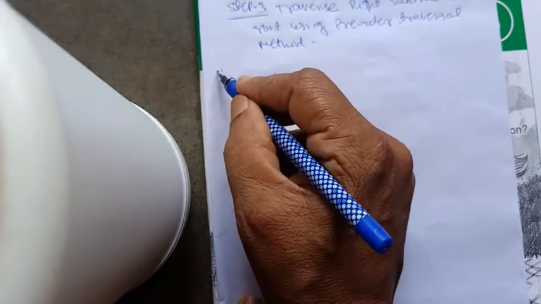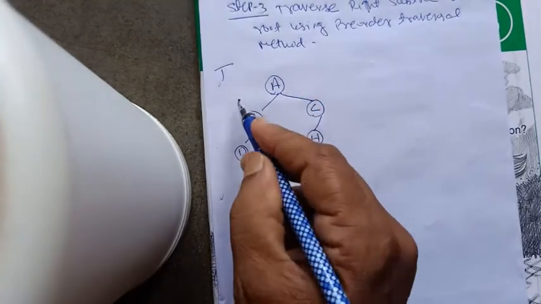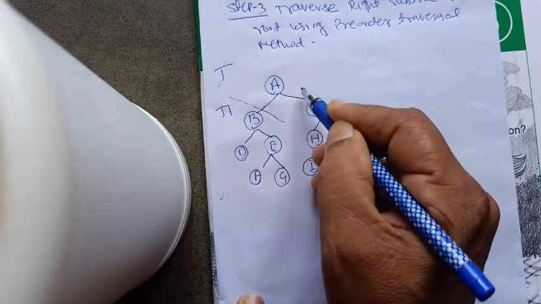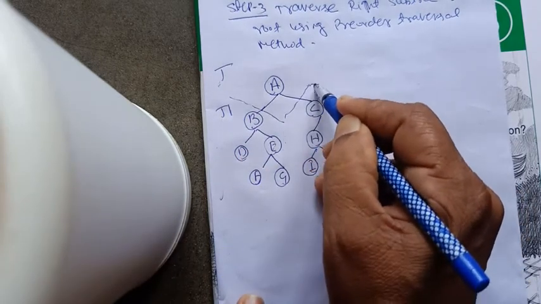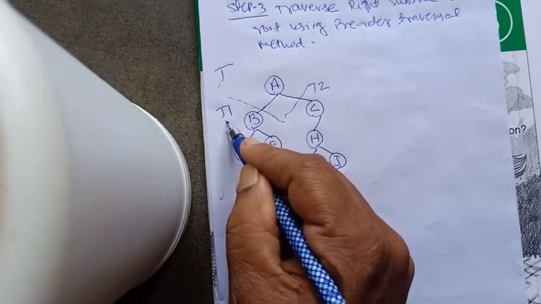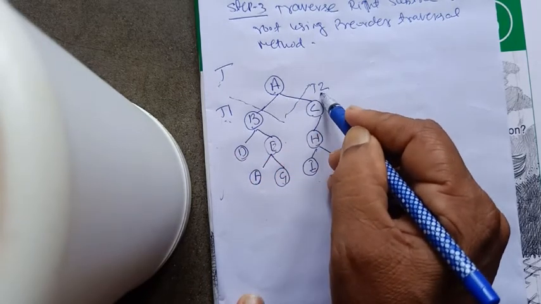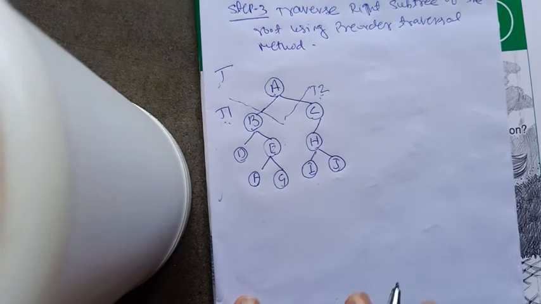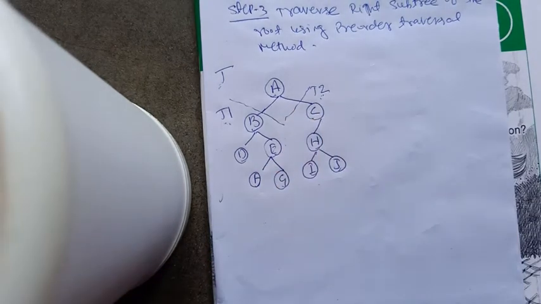We call it T. T is our entire tree. This portion is known as T1, and this portion is known as T2. T1 is the left subtree of the root, and T2 is the right subtree of the root. Now we need to perform pre-order traversing.